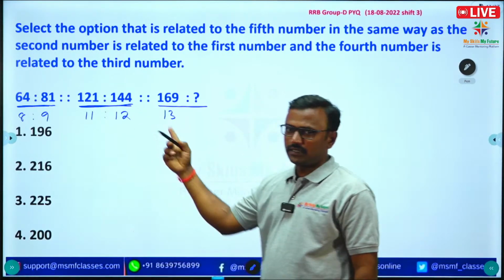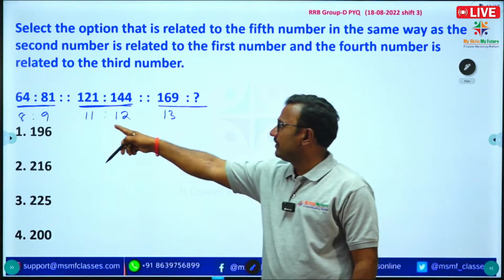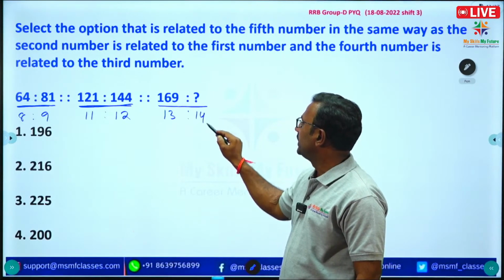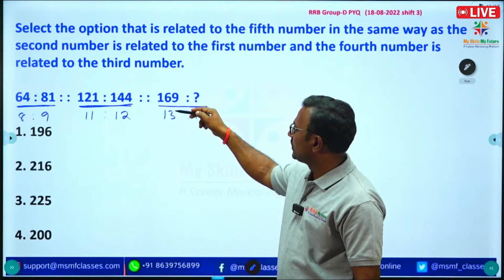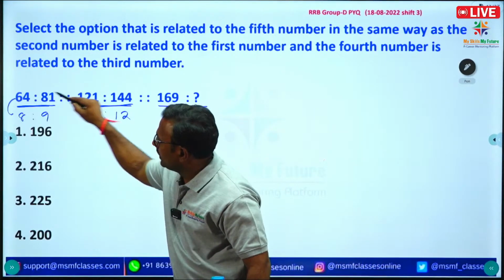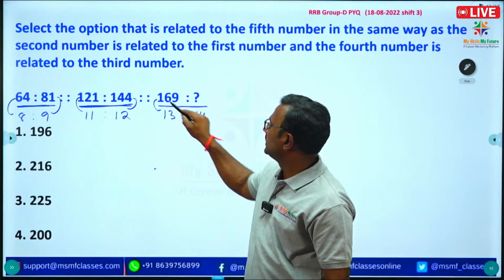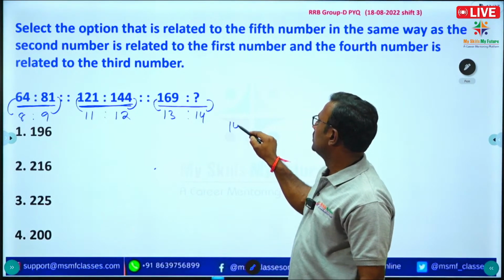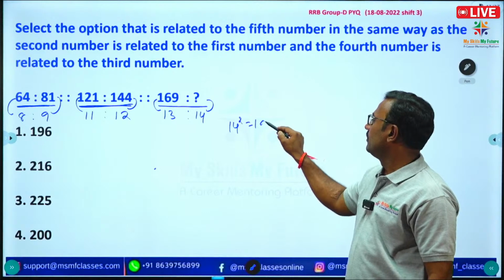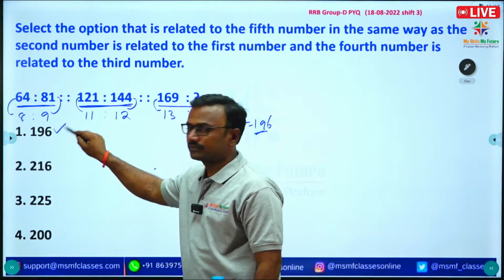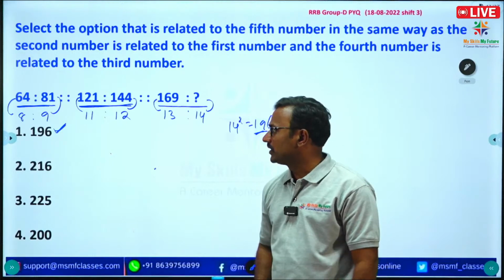So 8 plus 1 is 9, 11 plus 1 is 12, similarly 13 plus 1 we can write 14. So the numbers are 8 square, 9 square, 11 square, 12 square, 13 square, 14 square. What is the value of 14 square? 196. So option 1 itself is correct. Right.